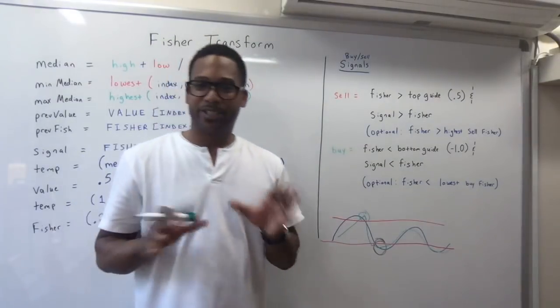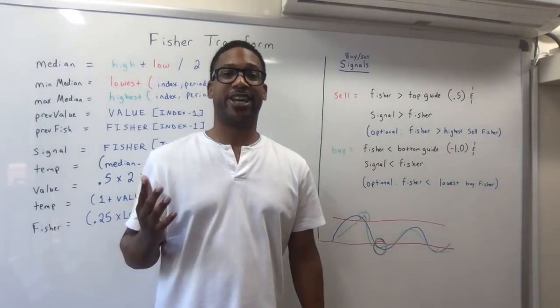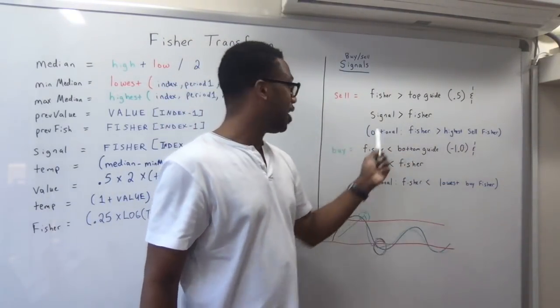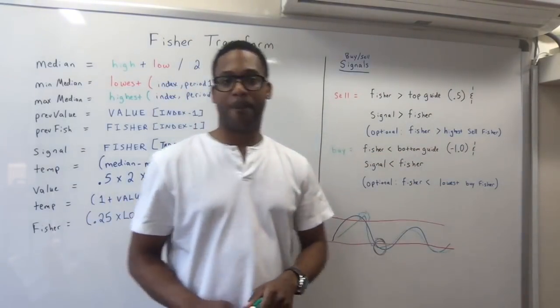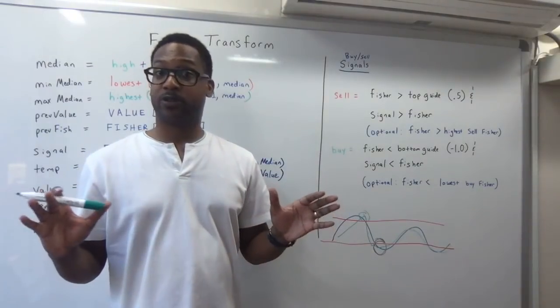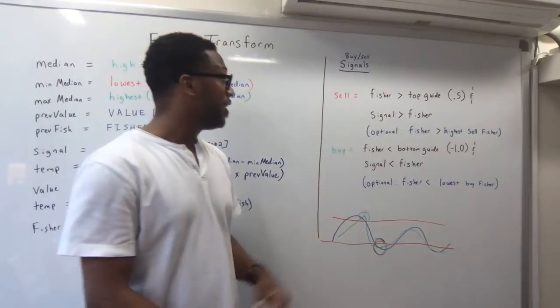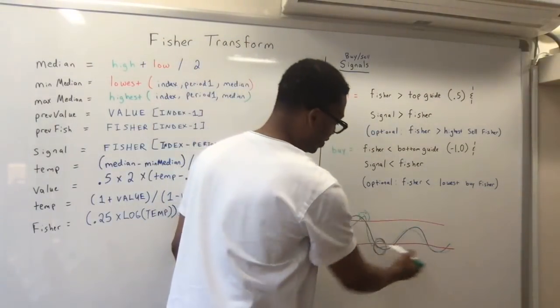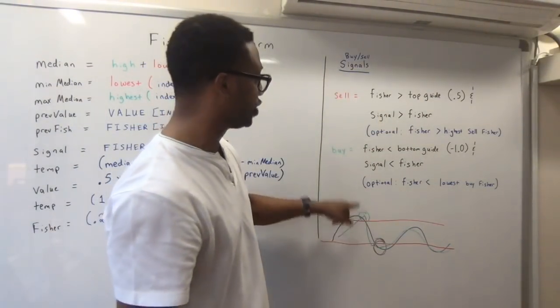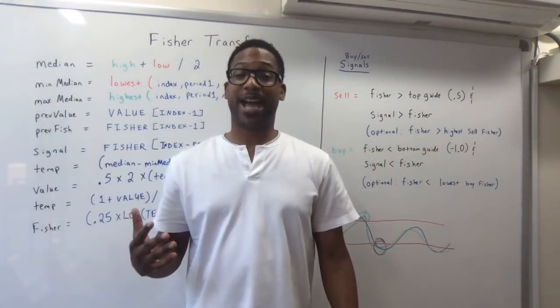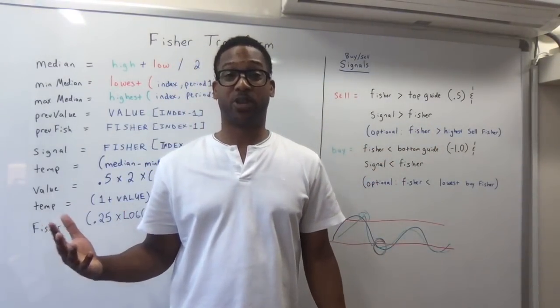I've been running these quite a bit, and I prefer not to use this optional bit, but some people have said they do. Maybe in cryptocurrency markets, it's a bit different. So that's essentially what you're looking for, going outside of your bounds and having a crossover between your signal and your Fisher. Now, let's take a look at the backtest and how this whole thing actually performs in cryptocurrency markets.